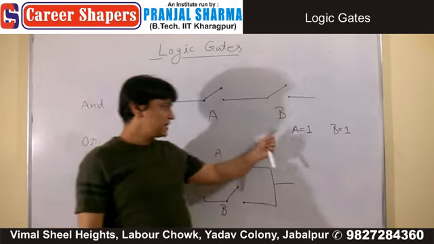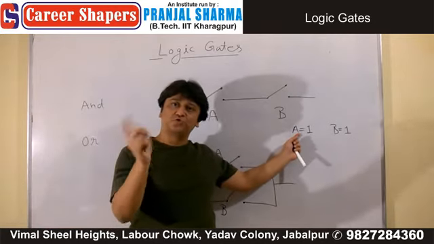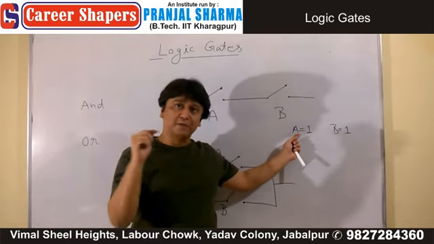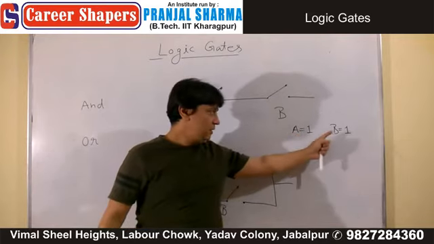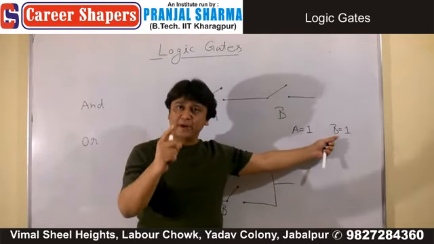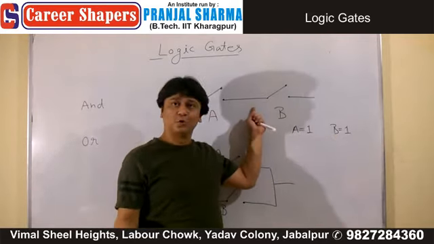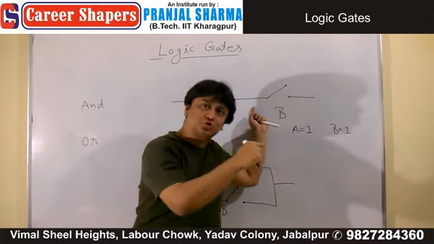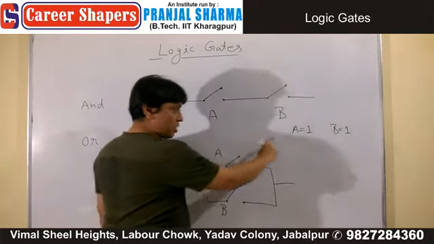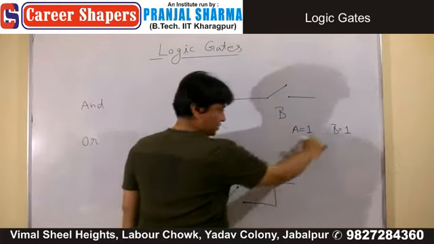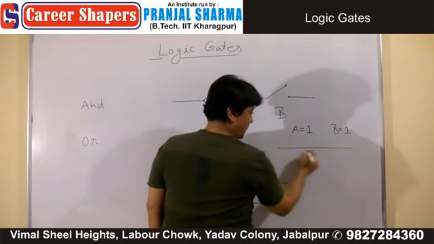Now, when I say A is 1, that means switch A is closed. Current can pass through it. When I say B is 1, that means switch B is also closed and current can pass through it. When you draw a circuit for this, it will look like this.